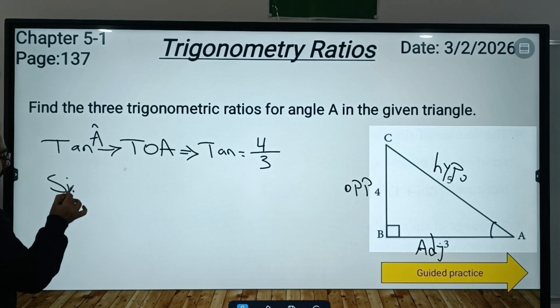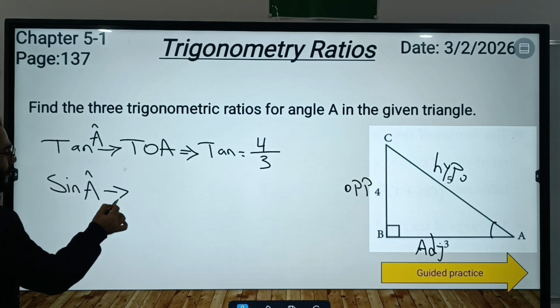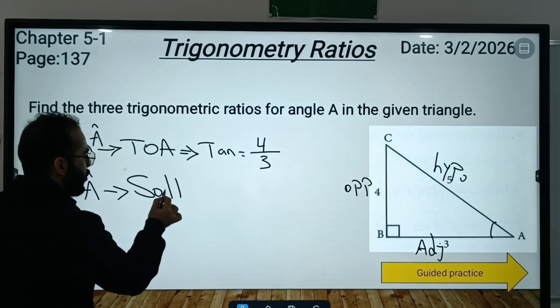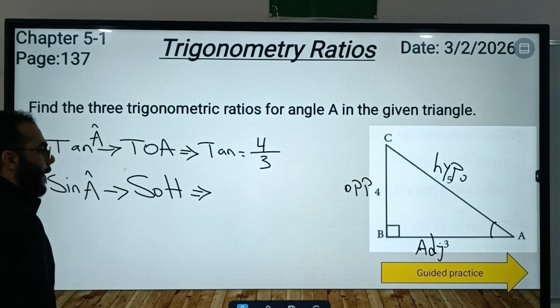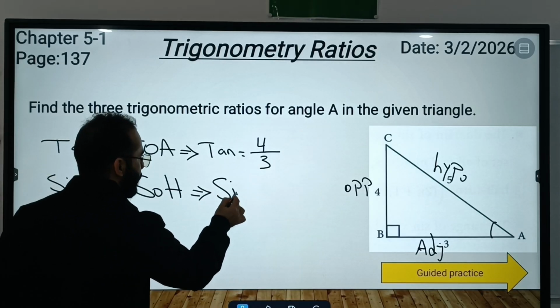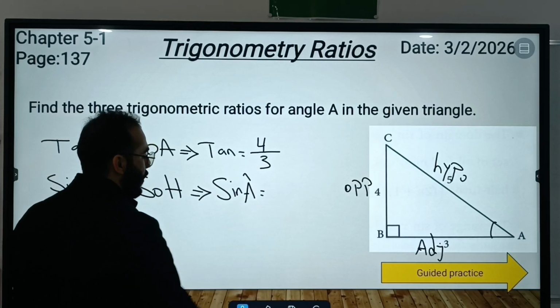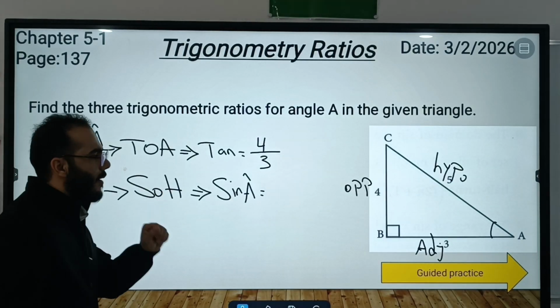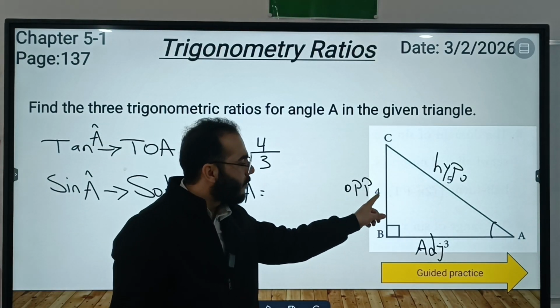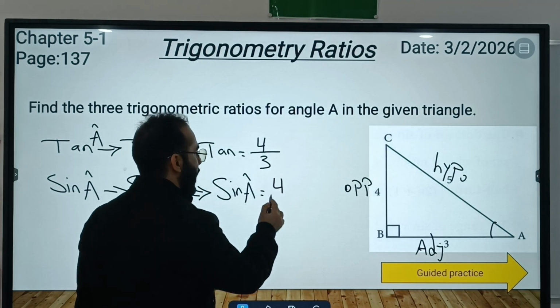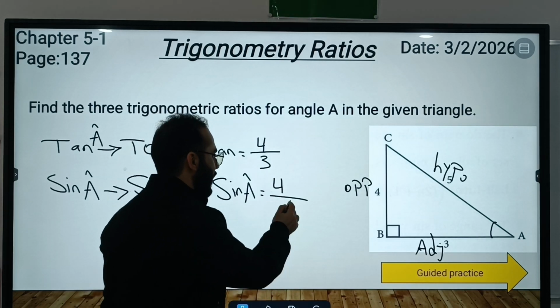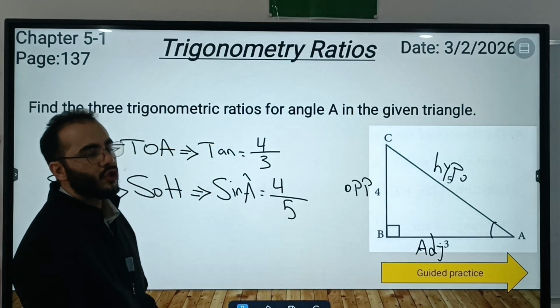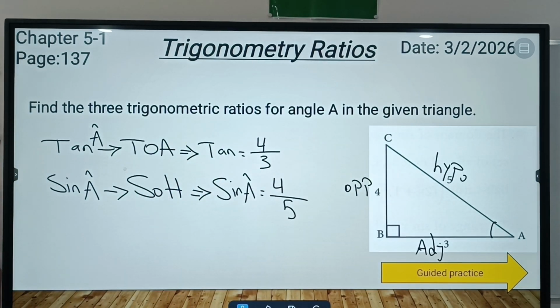How about sine? Sine of angle A is equal to SOH, which is sine of A equals opposite over hypotenuse. What is our opposite one? 4. And the hypotenuse is 5. 4 over 5, which is 0.8. And how about cosine?